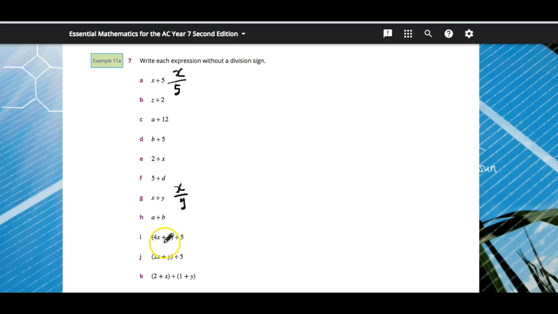Okay, so in multiplication, it doesn't matter, but well, it does matter, but for this one, it doesn't matter. But here it's extremely important because what we have in brackets, 4x plus 1, is basically your numerator. And then when you see the division, that's when you put your vinculum in, and then 5.